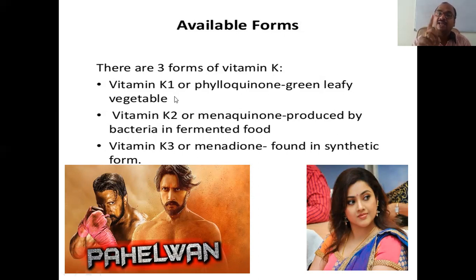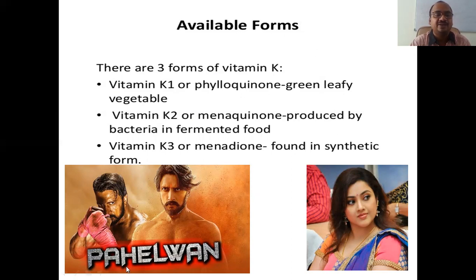Vitamin K1, other name is called phylloquinone. This is also very important. What is the other name of K1? K1 is phylloquinone. It is also called green leafy vegetable. K1 is obtained only from vegetables. Only vegetables will give the K1. It is phylloquinone.